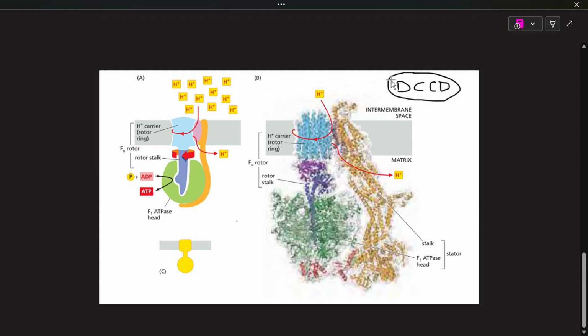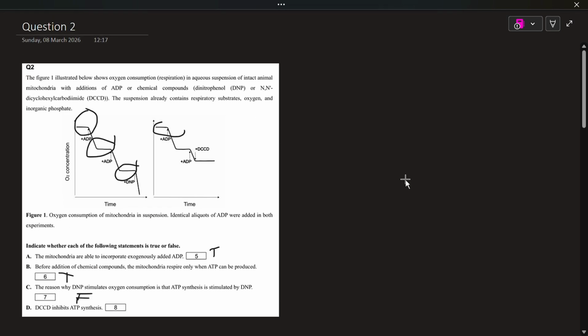DCCD binds to the F0 rotor of ATP synthase, like this. Here, the F0 rotor, here or here. When it binds to the F0 rotor, it blocks the proton flow to the matrix of mitochondria. Then it stops ATP production. So we can answer that the statement that DCCD inhibits ATP synthesis is true.